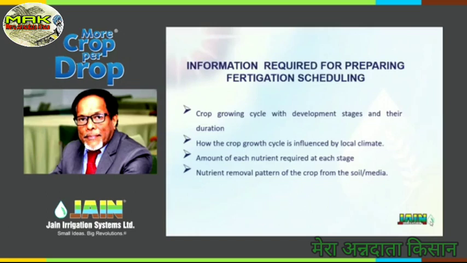How the crop growth cycle is influenced by local climate. This is very important. Suppose I grow a particular variety of tomato in Tamil Nadu, then I take this variety to Punjab and try to grow there. Very soon you will find that their growth rate, developmental stages, everything changes.